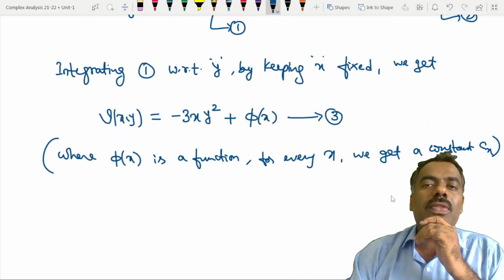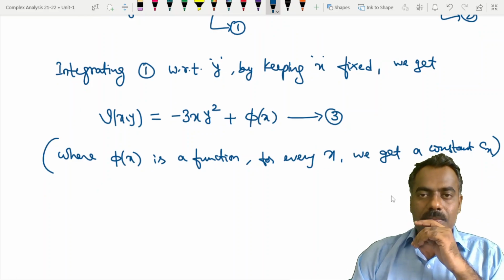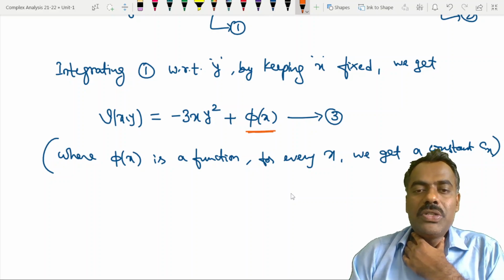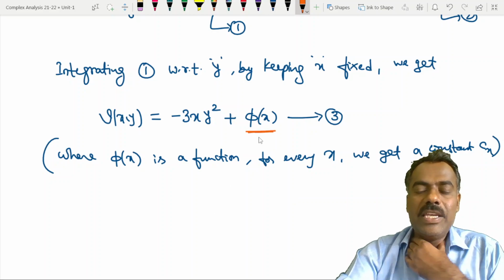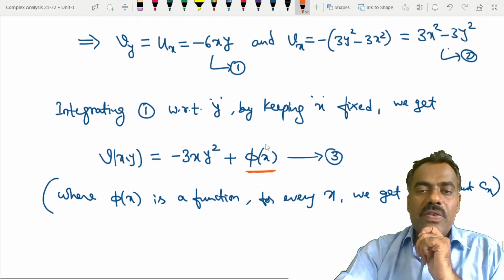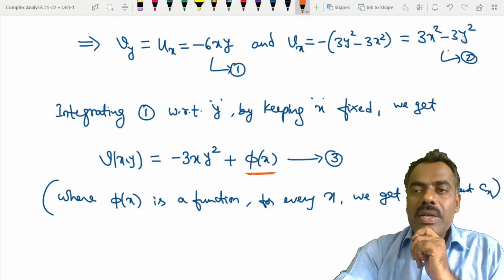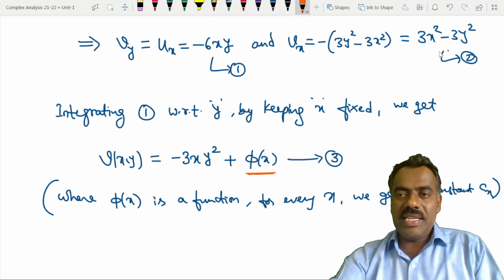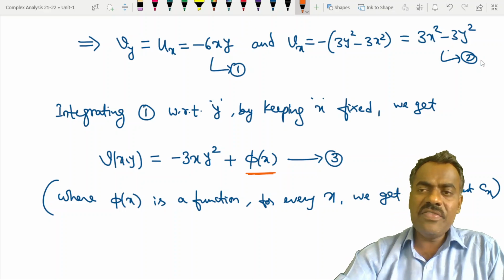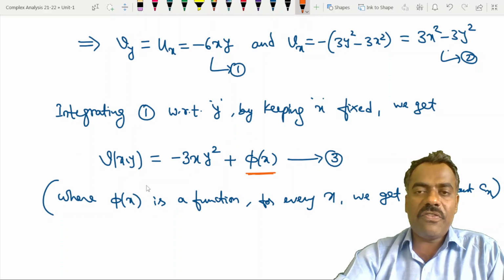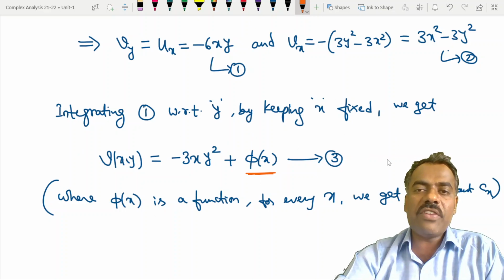See, we want to find somehow what this phi of x is. We cannot have it just like that. Even though it is a function in x, we should know exactly what this value is. For that, we have another information. For this Vx, we have the exact value, which is 3x square minus 3y square. So we can differentiate equation 3 with respect to x by keeping y fixed.